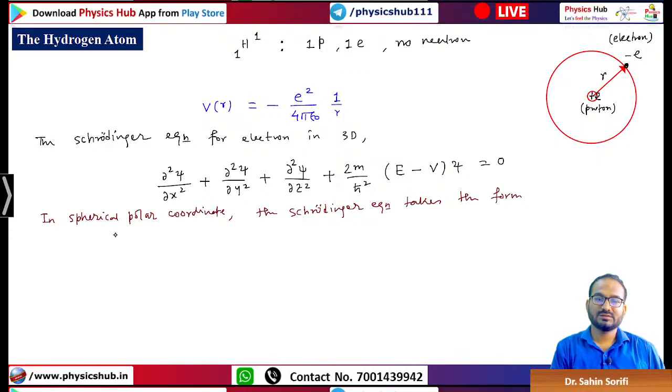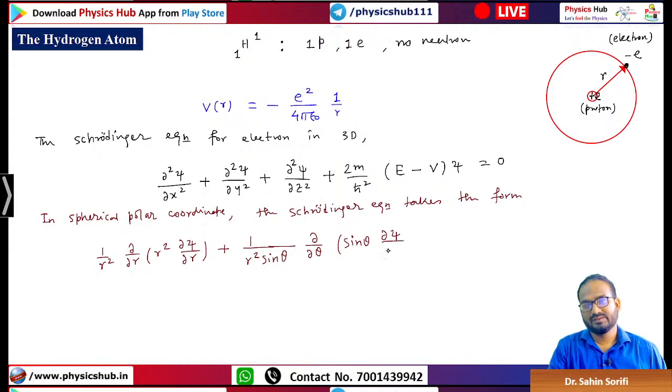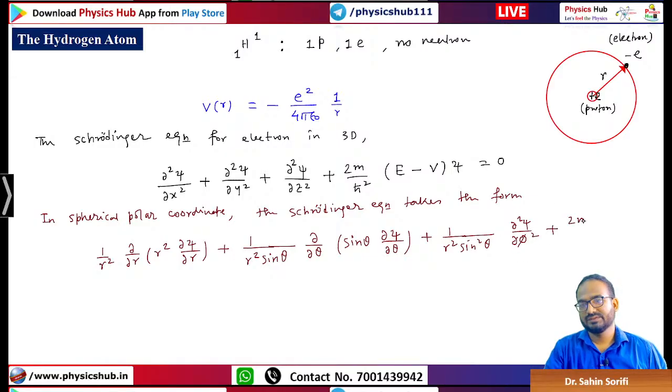And the Laplacian in spherical polar coordinates, you know how to write: 1 by r square del by del r of r square del psi by del r, plus 1 upon r square sin theta del by del theta of sin theta del psi by del theta, plus 1 upon r square sin square theta times del square psi by del phi square, and plus this thing does not change, 2m by h cut square (E minus V) psi is equal to 0.